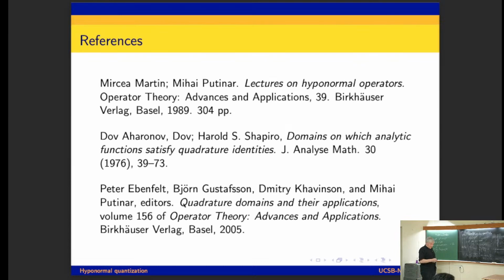Basic references. Sorry to blow my own trumpet. There is an early book I wrote a long time ago with Mircea Martin, where all these early theories of hyponormal operators are presented in some detail. Then the starting part of the theory of quadrature domains is this basic article of Aharonov and Harold Shapiro.